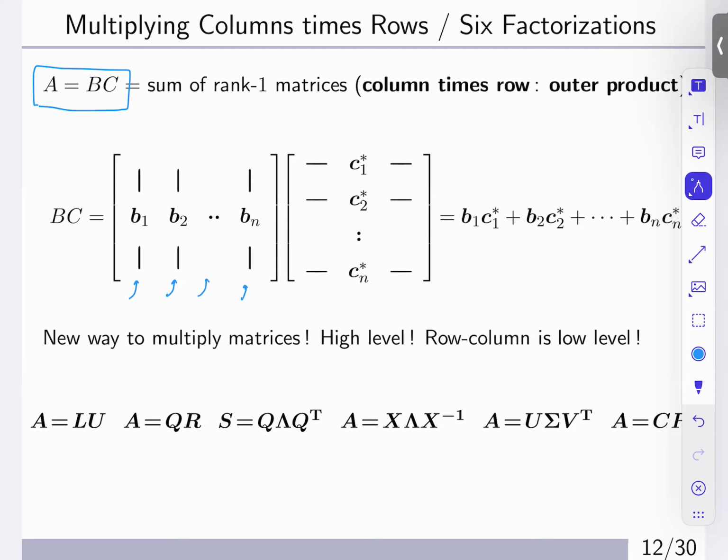These are the column spaces. These are the rows. And if you take an outer product, for example B1 C1, B2 C2, all the way to Bn Cn, what you get are nothing but rank 1 matrices.